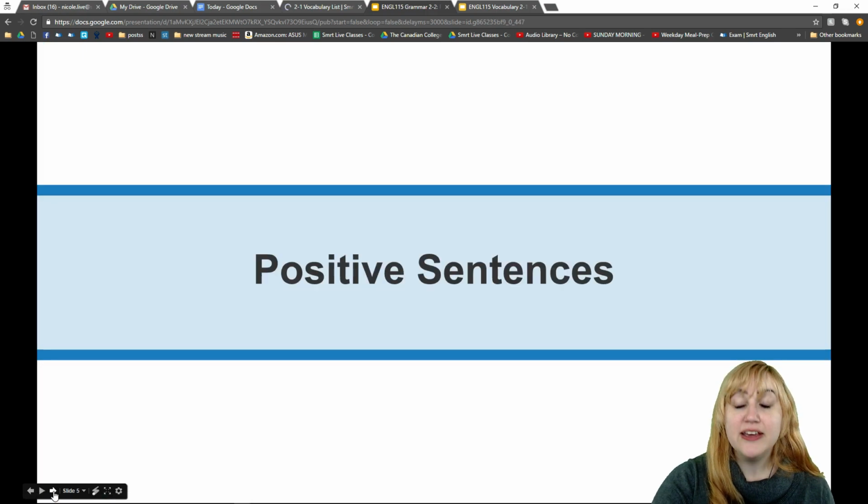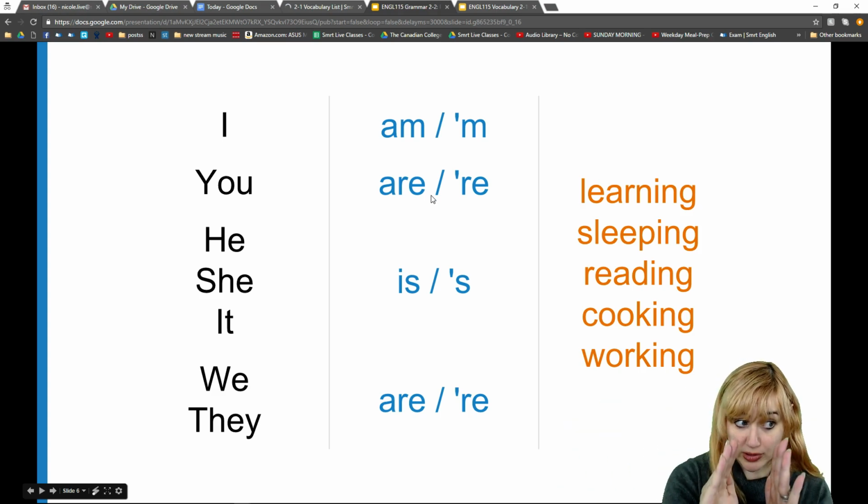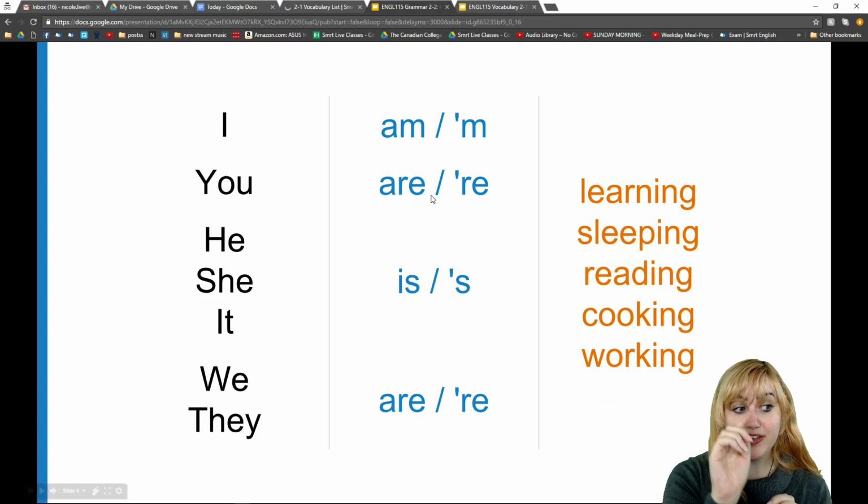All right, let's look at some examples. First, some positive sentences. For the subject I, we use am for the present be verb, or the short form is apostrophe m. For you, we, and they, we use are, or the short form is apostrophe re.